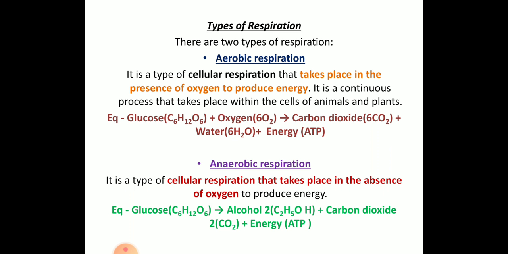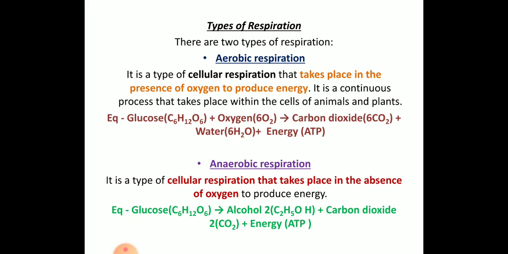What are the types of respiration? We have two types, aerobic respiration and anaerobic respiration. Aerobic respiration is a type of respiration where oxygen is used to produce energy. Here oxygen has to be present. For example, glucose plus oxygen gives carbon dioxide, water and energy in the form of ATP.